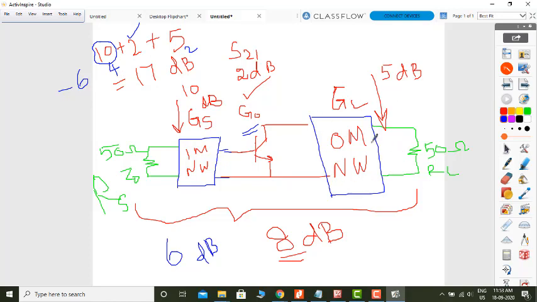Similarly, in the output matching network, we do deliberate mismatching and make a loss of minus 3 dB, so we will be having only 2 dB. Now 4 plus 2 plus 2, we get only 8 dB. So this is the procedure that we follow to design an amplifier with a specified or required gain.